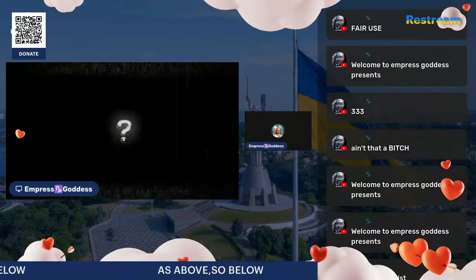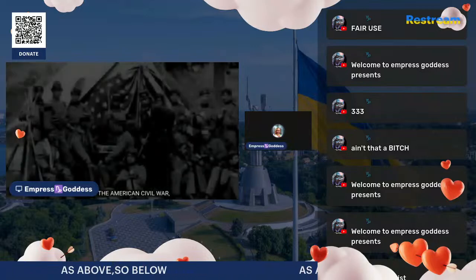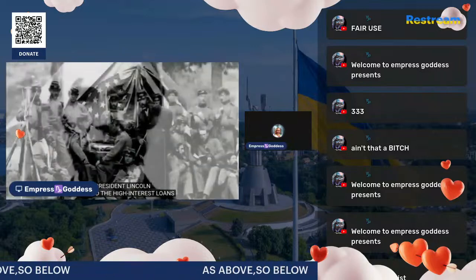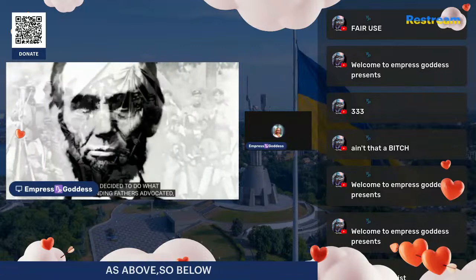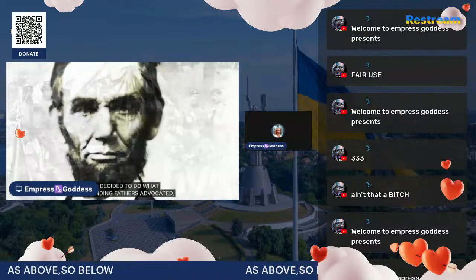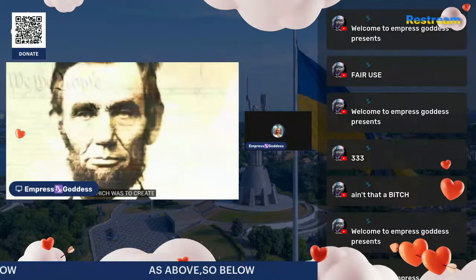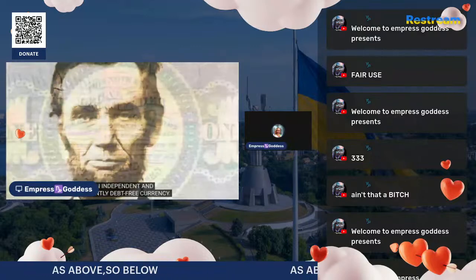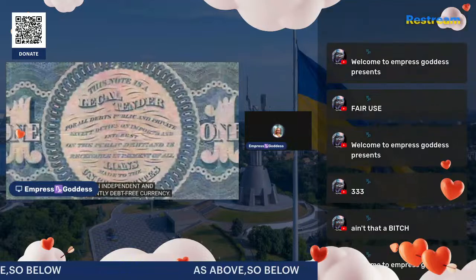During the American Civil War, President Lincoln bypassed the high-interest loans offered by the European banks and did what the Founding Fathers advocated, which was to create an independent and inherently debt-free currency. It was called the greenback.